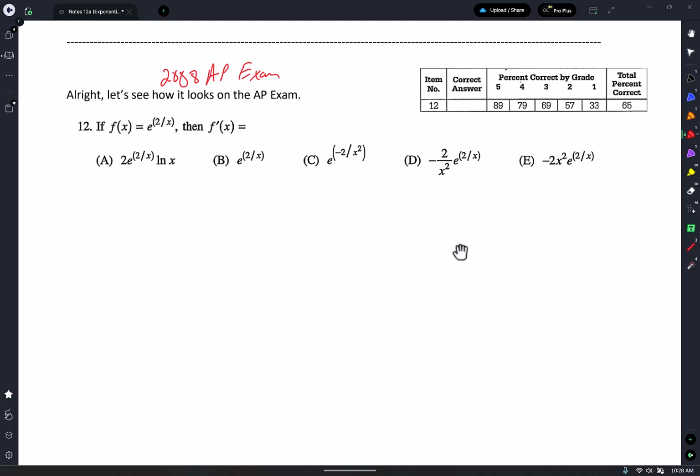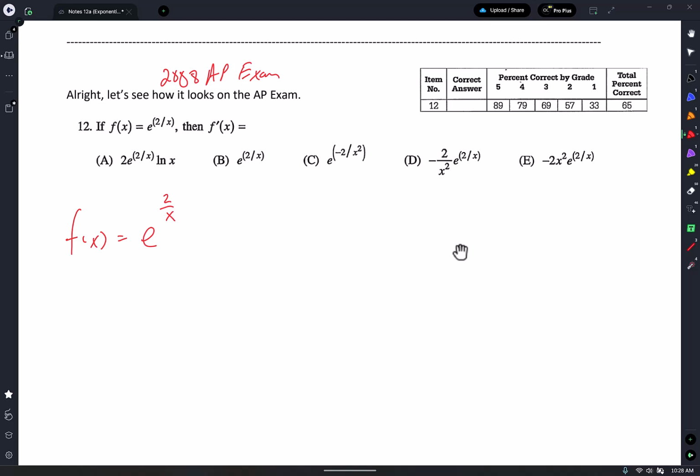I thought I had it integrated. I'm doing chain rule, guys. How many got A? Let's do a tally. How many think it's A?